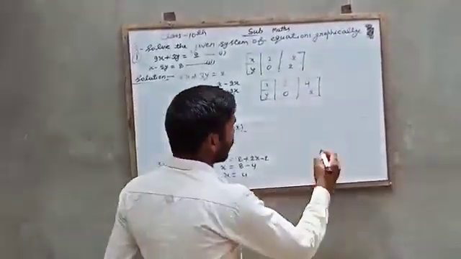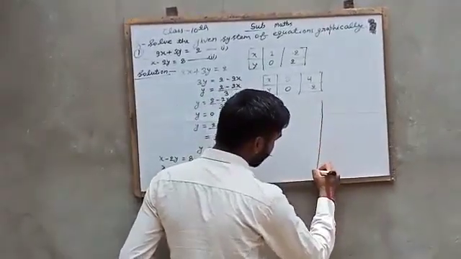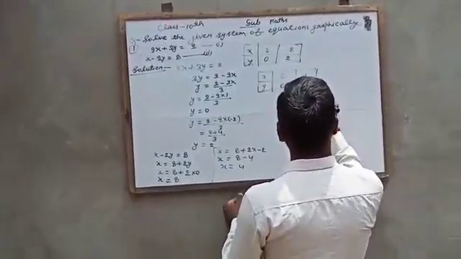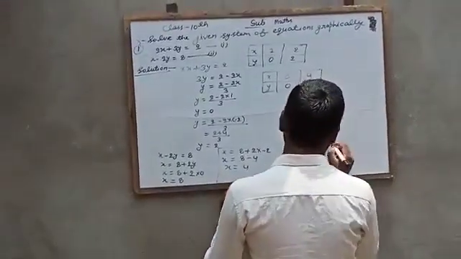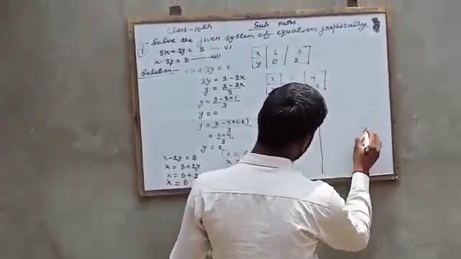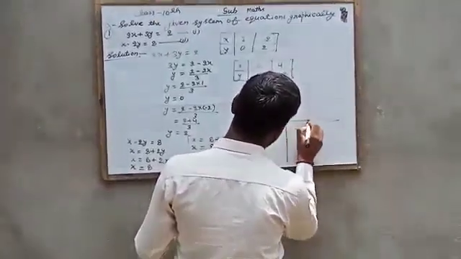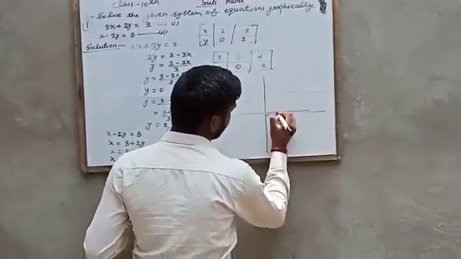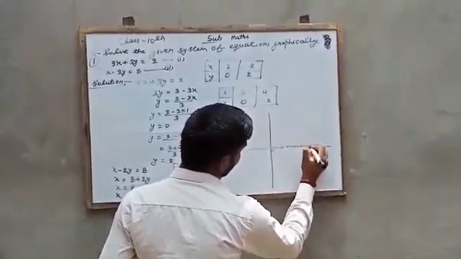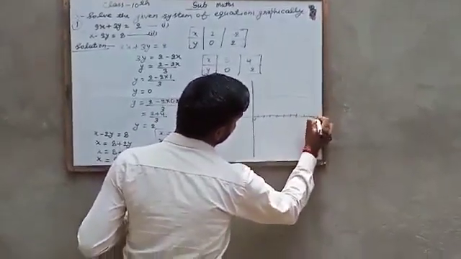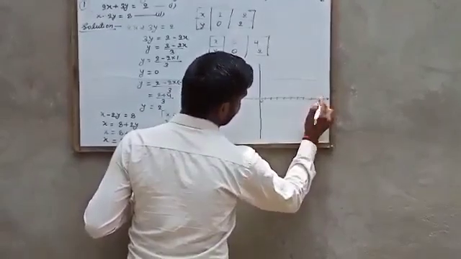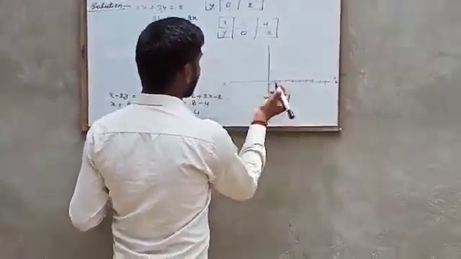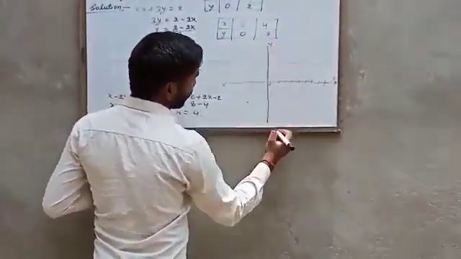Now we are going to make a graph here. Here it is 0, 1, 2, 3, 4, 5, 6, 7, 8, 9. This is the x coordinate axis, x dash, here y and y dash.